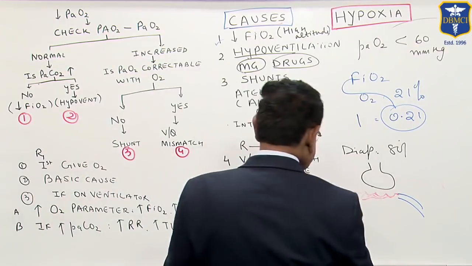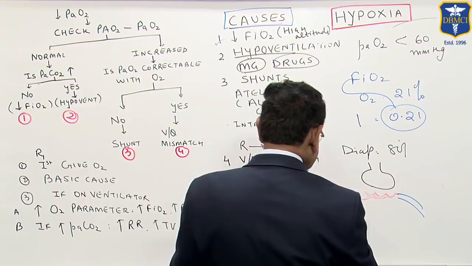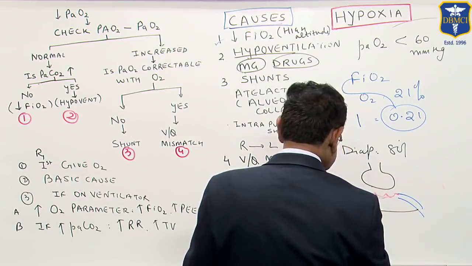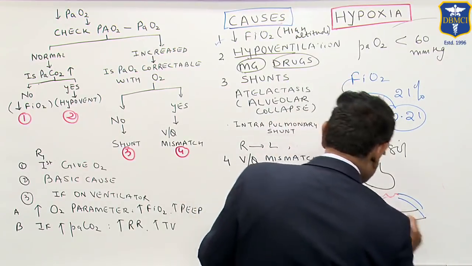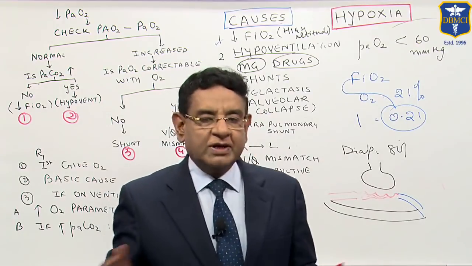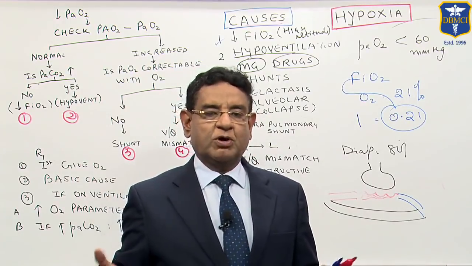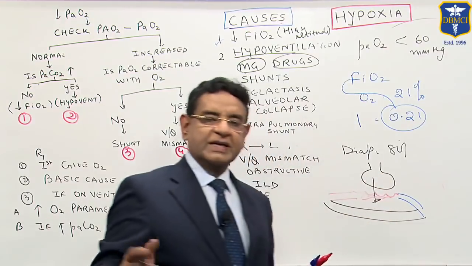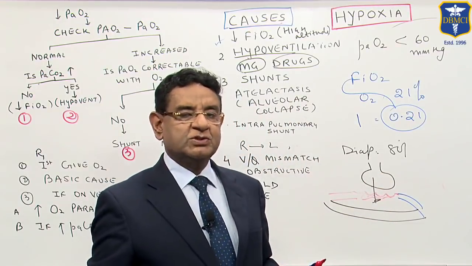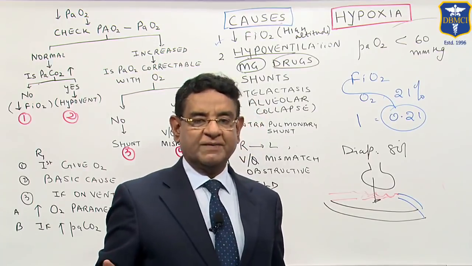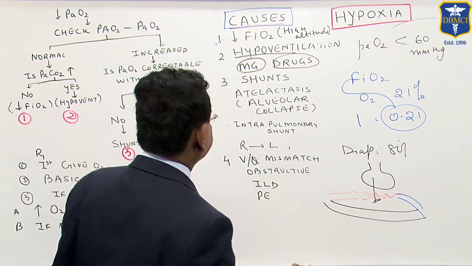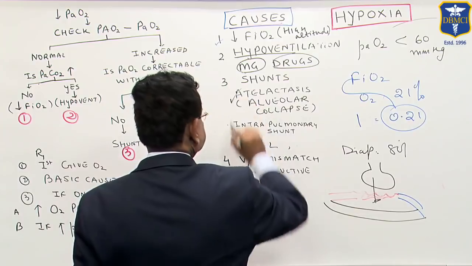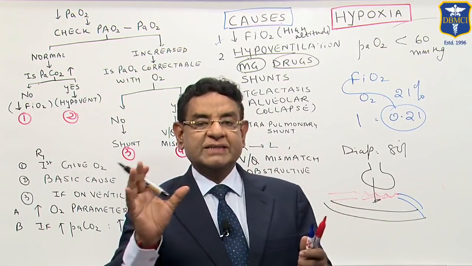At times the blood may flow directly from the arteriole to the venules. It is not coming to the capillaries. So obviously there will not be any exchange of gases. So this is the so-called shunting of blood. Shunting of blood occurs in conditions like atelectasis, when the lung is collapsed.